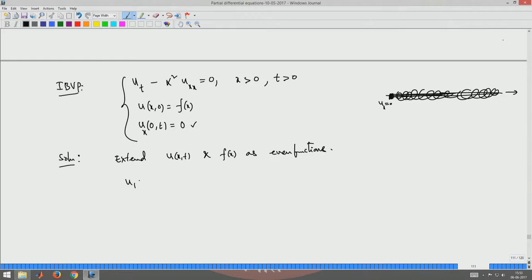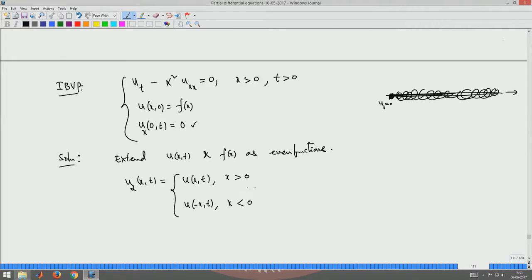Start with u1 of x, t as the extended function. Let us call this u2, because we used u1 for the odd extension. This is the even extension, that is u2. So, you have u of x, t if x is positive. If it is even, you should have u of minus x, t the same as this one.